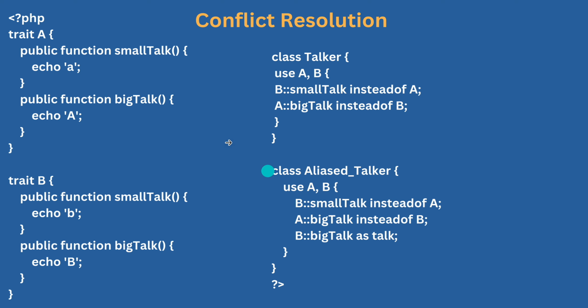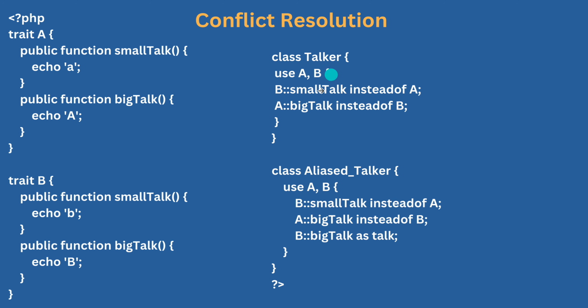If you see here, one trait is A and there is a method smallTalk which is printing a, and another function bigTalk which is printing capital A. And here, another trait B has the same method smallTalk, but I'm printing differently. Here it prints b, and here bigTalk prints capital B.